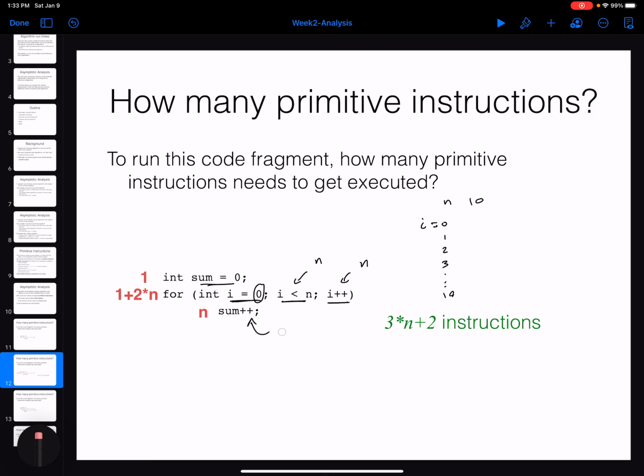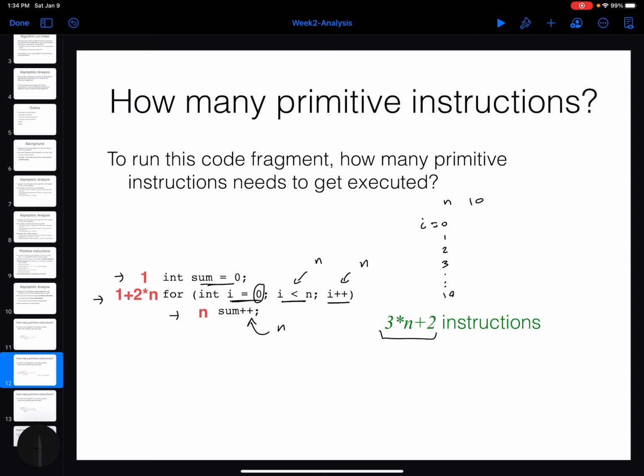So this is going to be n as well, right? These are the total number of instructions that I need to execute. I will add them up, and it gives me a formula. This is going to be the time function for me.